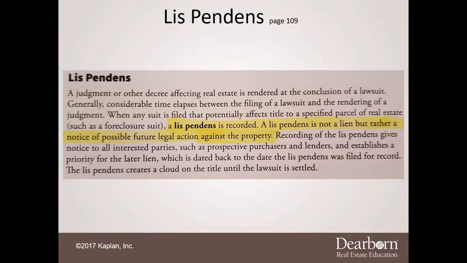So, as a real estate agent or as a real estate investor, would it be valuable to you if you could get your hands on a list of all property owners who are behind on their mortgage payments and in danger of foreclosure? Yeah. Well, there is such a list.